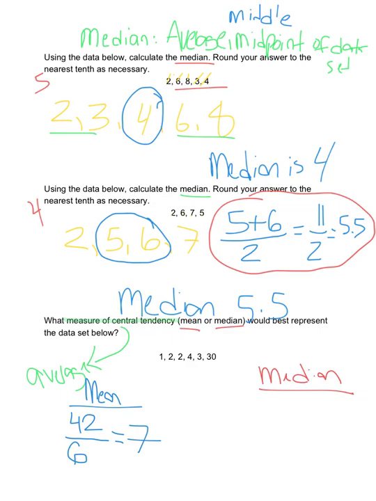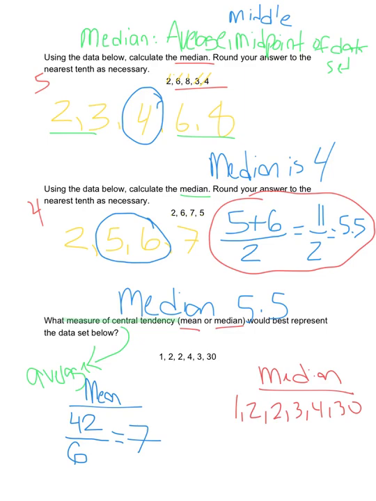Now the median oftentimes will be different. Remember, to find the median, we list our numbers in order from least to greatest. So we have 1, 2, 2. Yes, we want to list 2 twice. 3, 4, and 30. And once again, if it is repeated, we want to list it twice. Remember, to find the median, we choose the middle number.